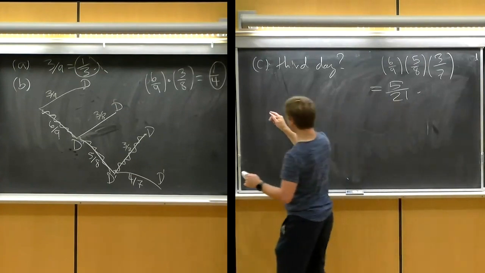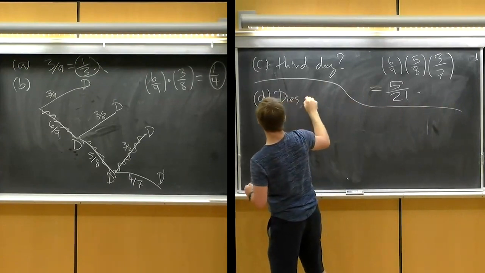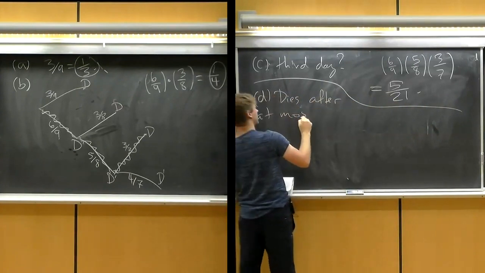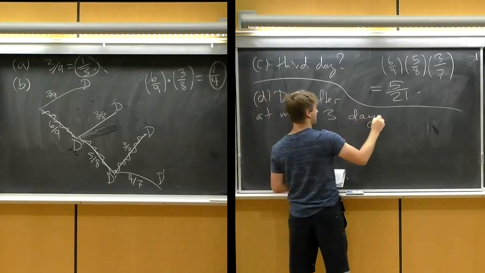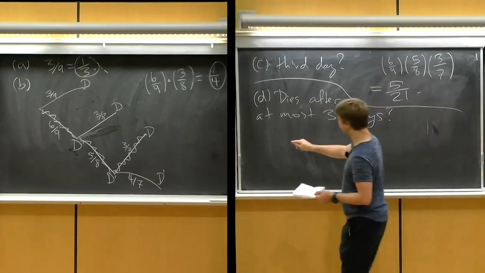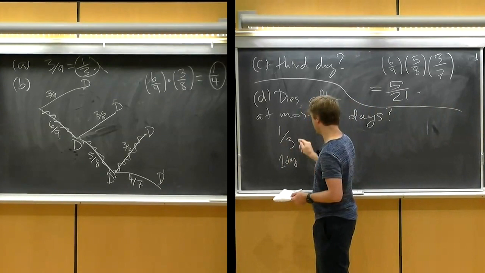What about, you know, part D? Let's say that he dies after, at most, 3 days. Yep, exactly. Right, because you just want to take, this is 1 day plus the probability of 2 days.